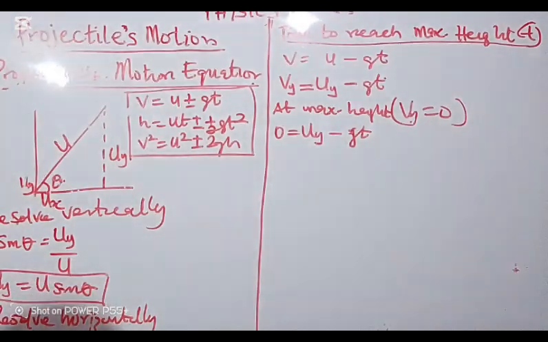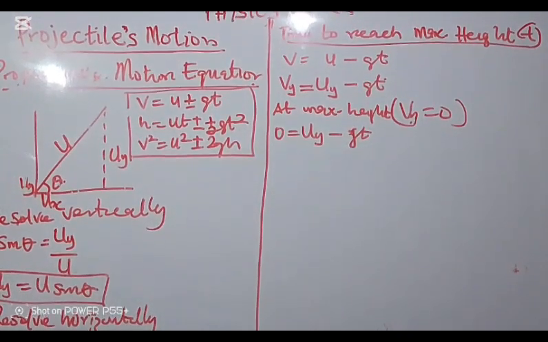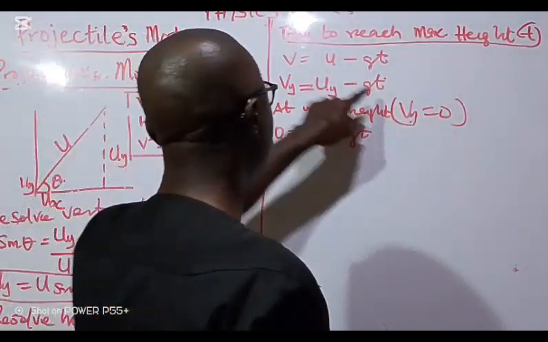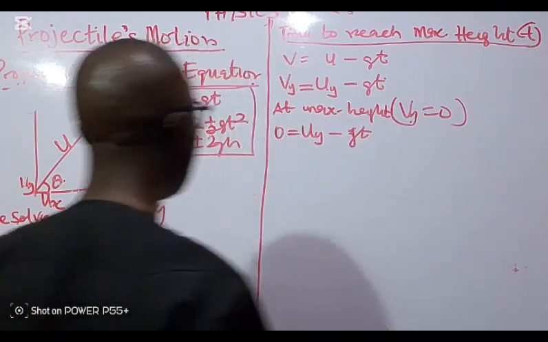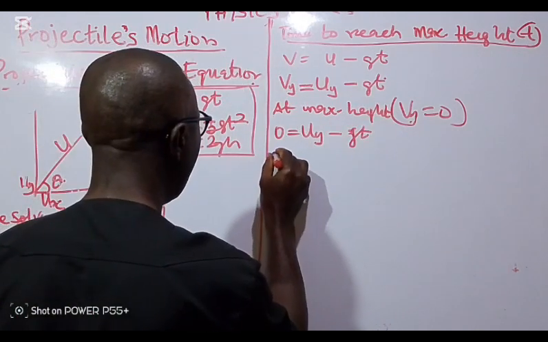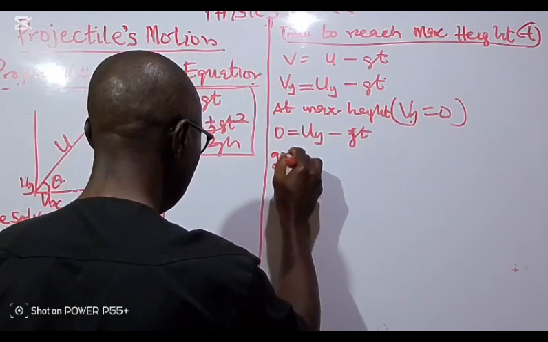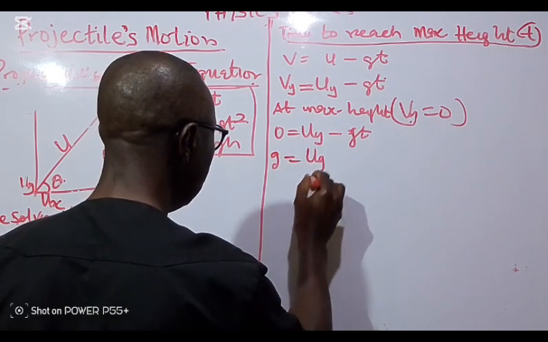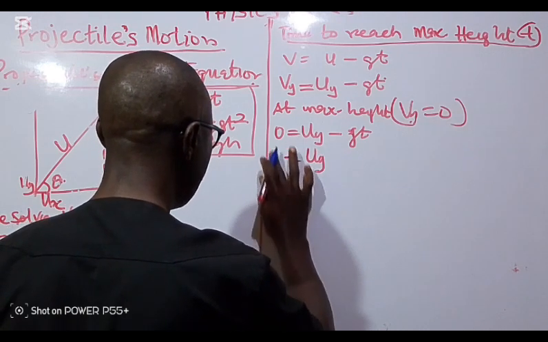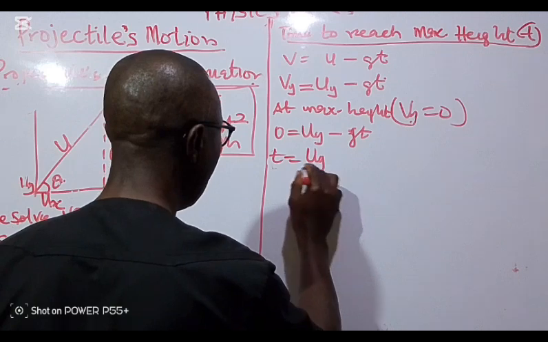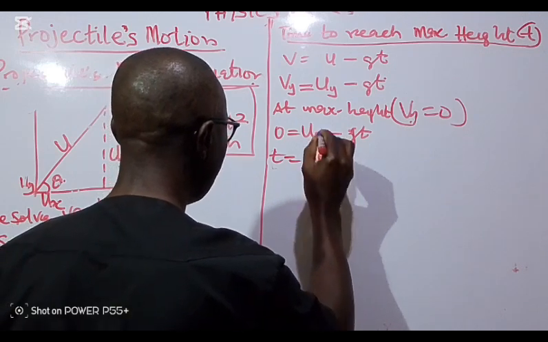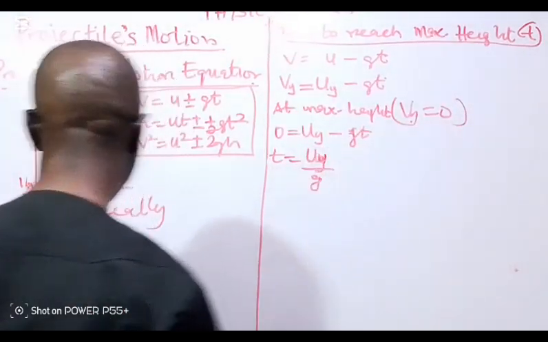The time to reach the maximum we are looking at is this t. So let's make it the subject, therefore gT is equal to Uy, T is equal to Uy over g.